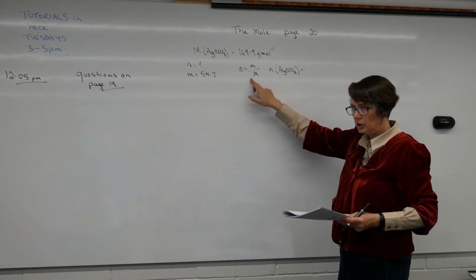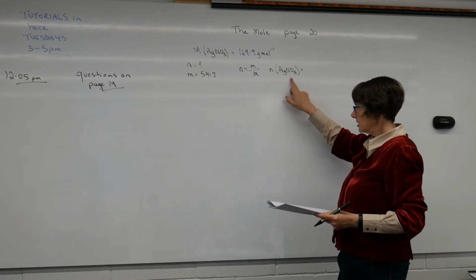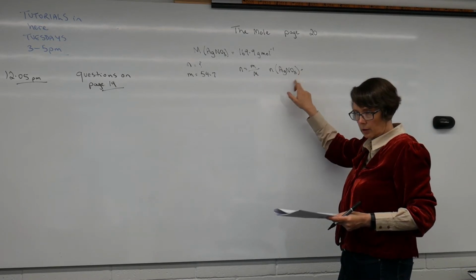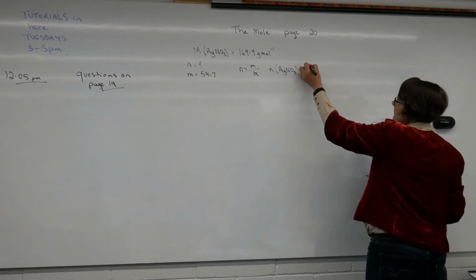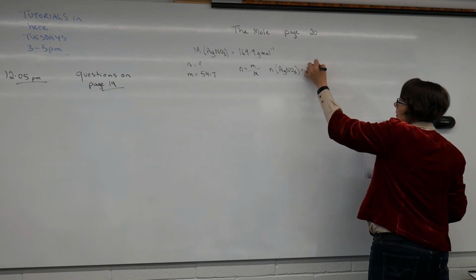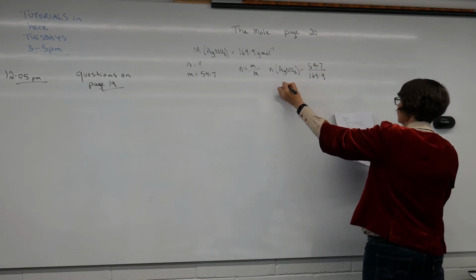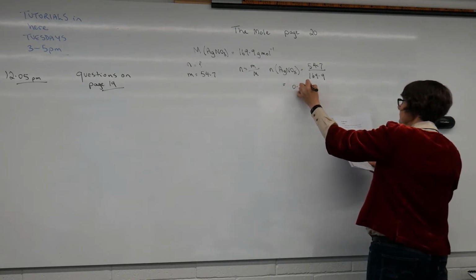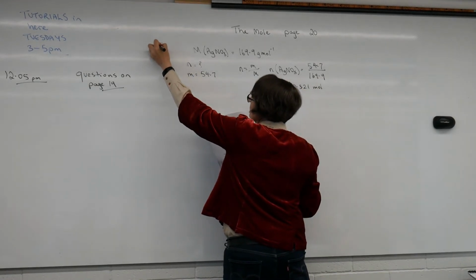This is my justification for my calculation. This is the formula I'm using. Now I'm substituting into that formula, but I'm saying what I'm substituting in. So I'm substituting in my silver nitrate. So that was example 2.